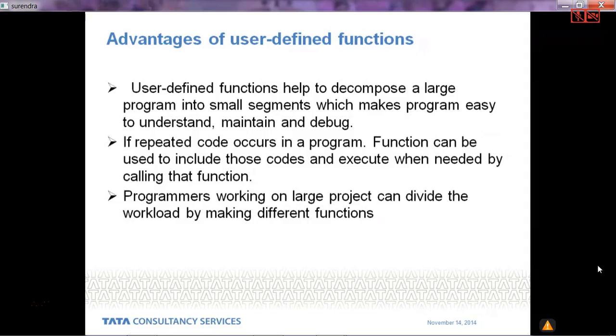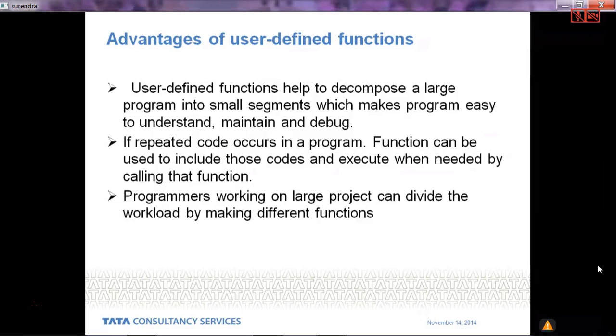So if repeated code occurs in a program, a function can be used to include those codes and executed when needed by calling that particular function. Again the example of supermarket code.